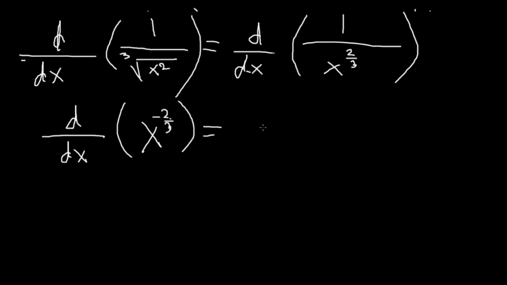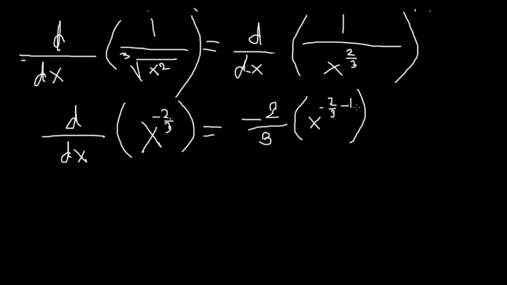Now you can use the power rule. Negative 2 over 3 times x to the negative 2 over 3 minus 1. 1 can be written as 3 over 3.